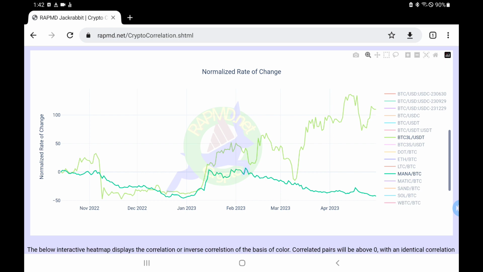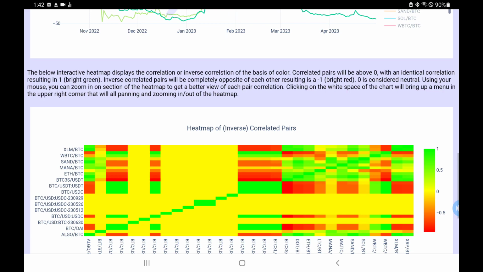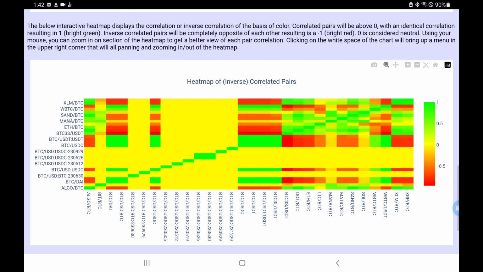So again, some very interesting results for this kind of a system. So by using these two tables, you can help find and improve your trading such that you're able to hedge against the market just by looking at the pairs themselves.